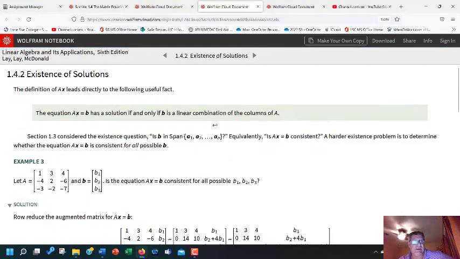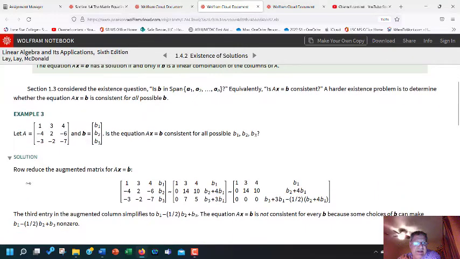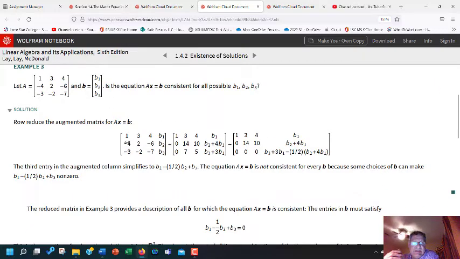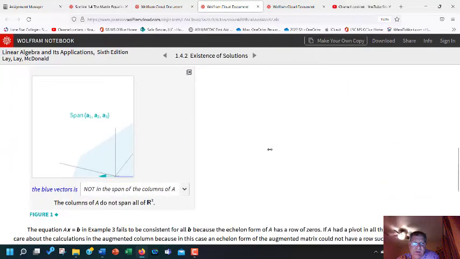The equation Ax equals b has a solution if and only if b is a linear combination of the columns of A. They have a great example here of a matrix with 3 columns, 3 rows, and b1, b2, b3. For this to be consistent, the system must be writable in row echelon form, and we usually write it in reduced row echelon form.